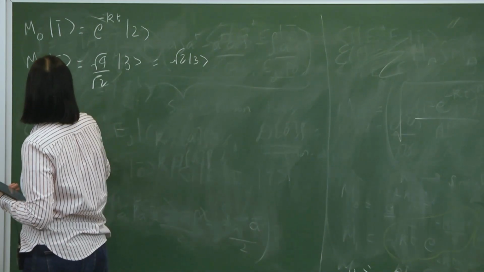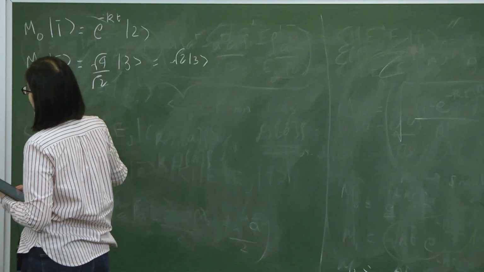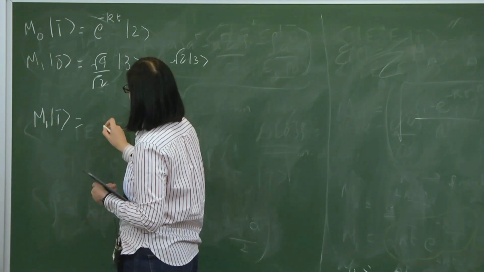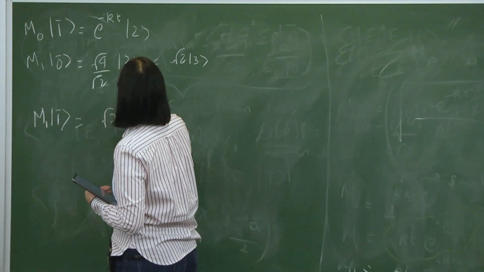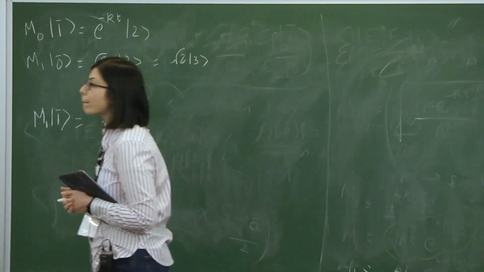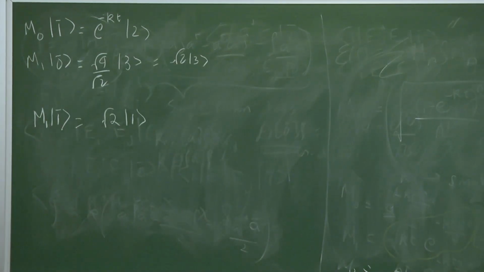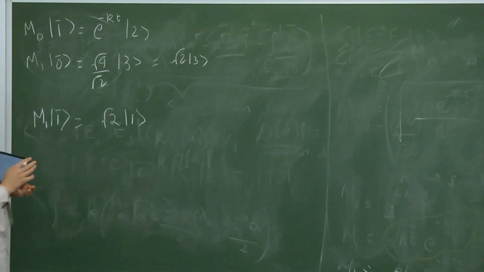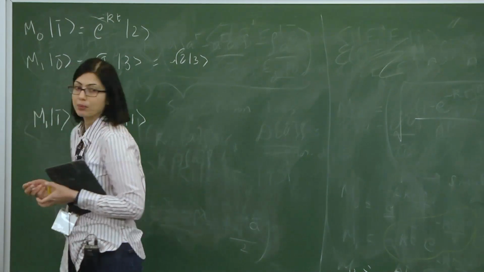And then you have M1 acting on the 1 bar state, and that is square root of 2 acting on the Fock state 1. It's 0, so it's a null vector.